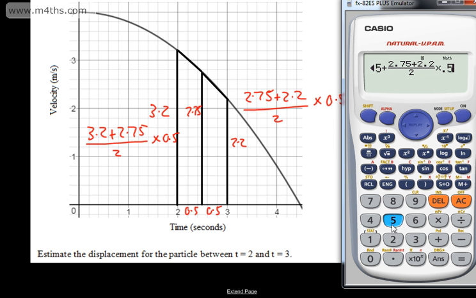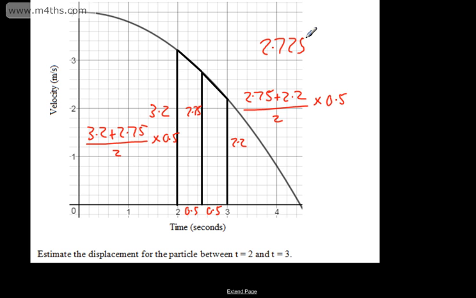What's that going to give us? 2.725, and that will be meters.